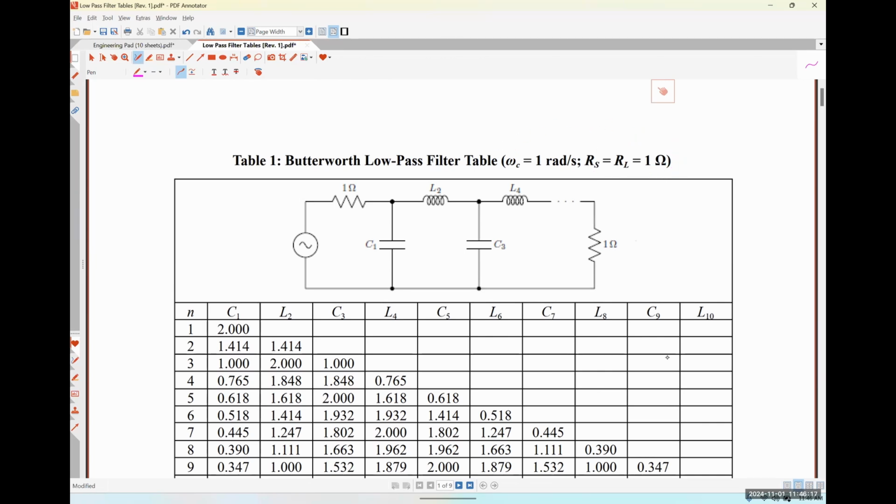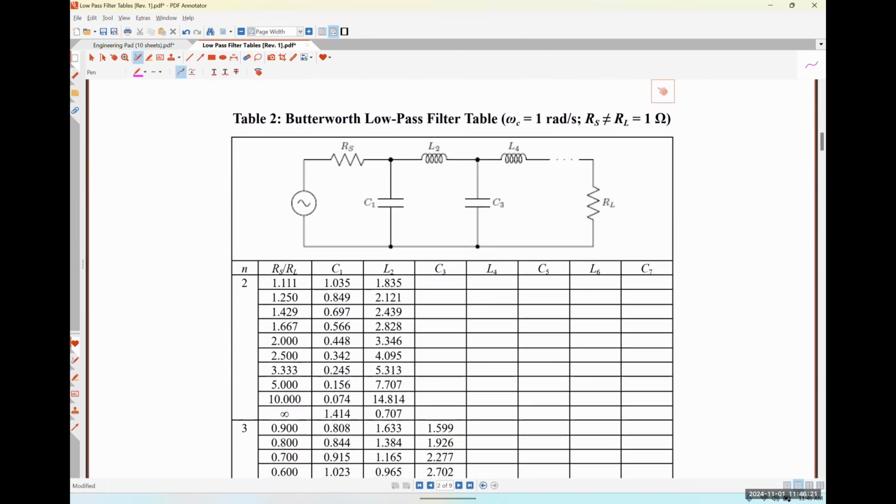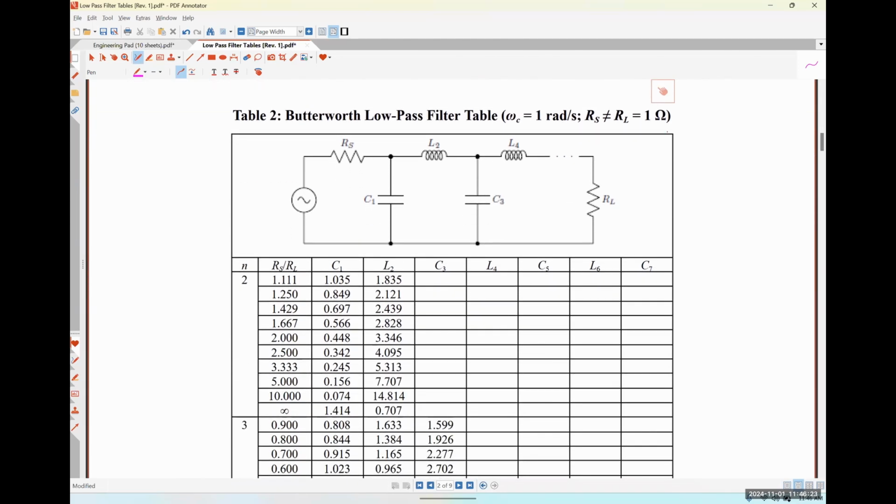The second table that I gave you is what we would use to design a Butterworth low pass filter when RS is not equal to RL. So we have a different ratio, and that's why it's divided by these ratios. If RS over RL is 1.111, or 10 over 9 effectively, we would use these.